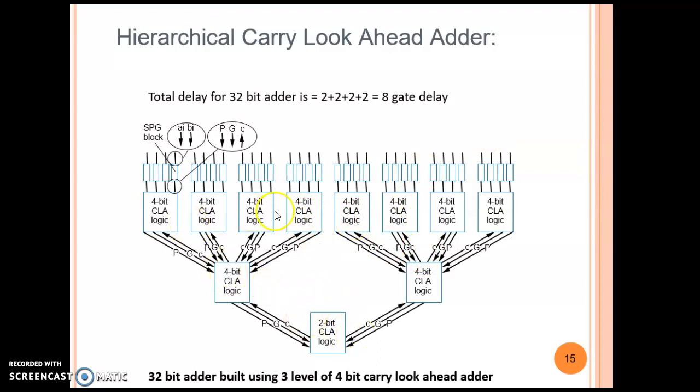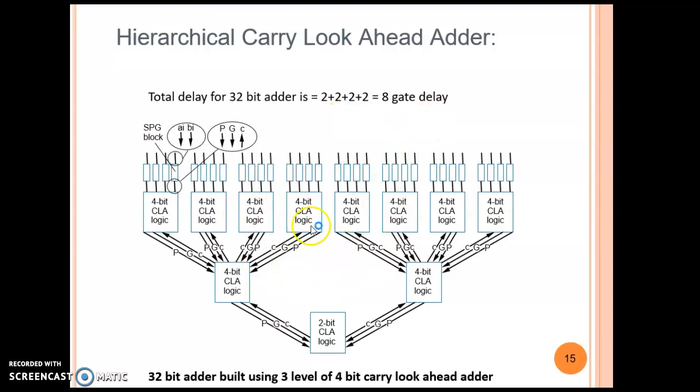You can see all these carry lookup adders will work in parallel. This is nothing but the SPG block that we have seen previously. Suppose this takes 2 gate delays, this takes 2, this takes 2, and this takes 2. Hence the total is 8 gate delays.